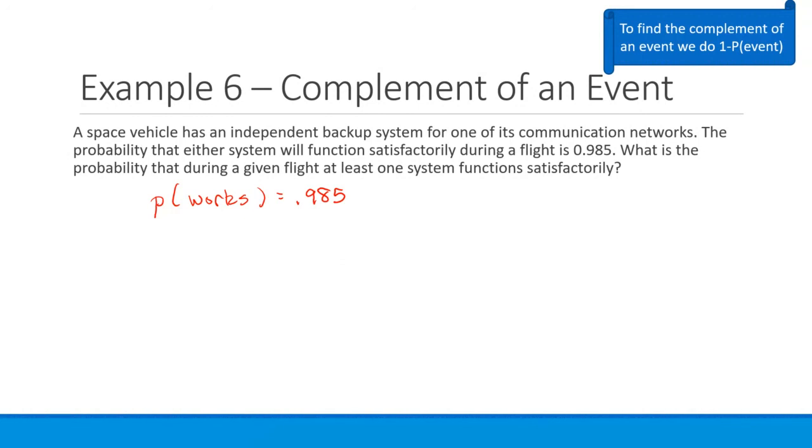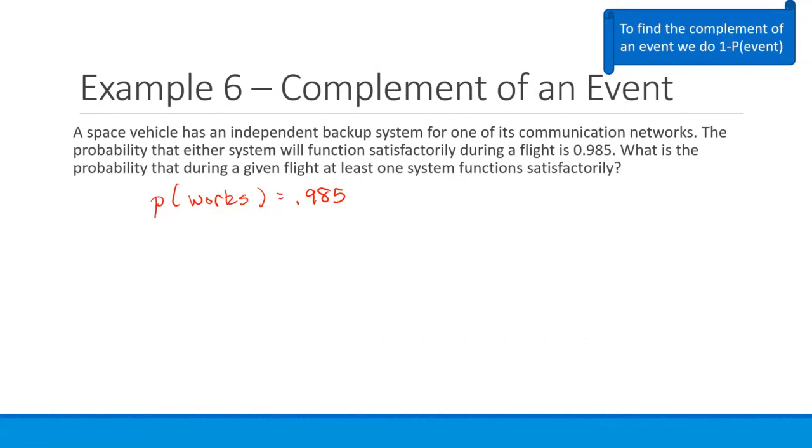That's the complement here. We're going to do it the complement way, especially because it doesn't specifically state that there are 2 systems. I'm assuming so because it seems like you'd have just one backup, but it doesn't actually say there are 2. So we can't say probability of 1 or 2, we don't know where to end.